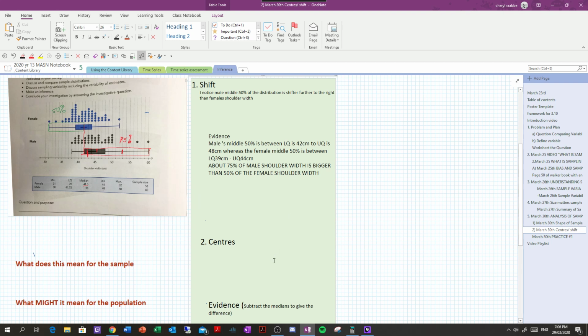Okay, and then the centers. The centers are a little easier because the center is just basically the average. So who's got the bigger average? We'll look at medians. We can look at means, but this data only has medians.